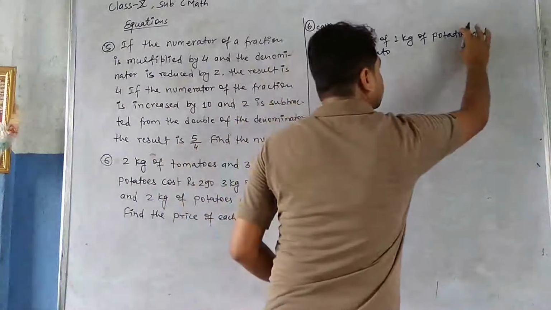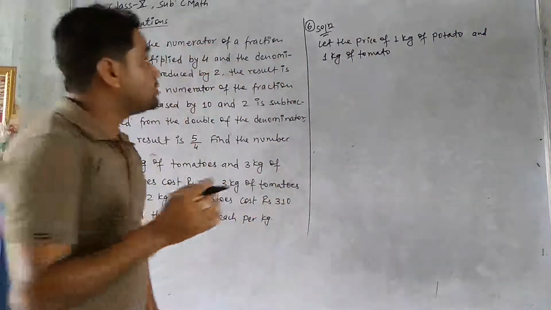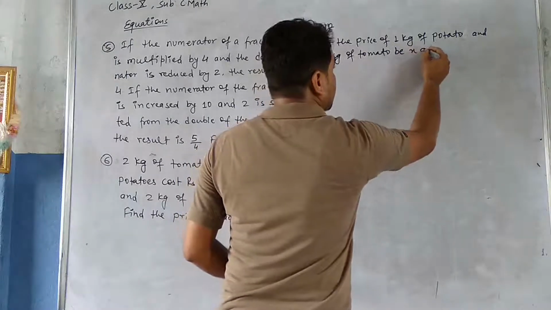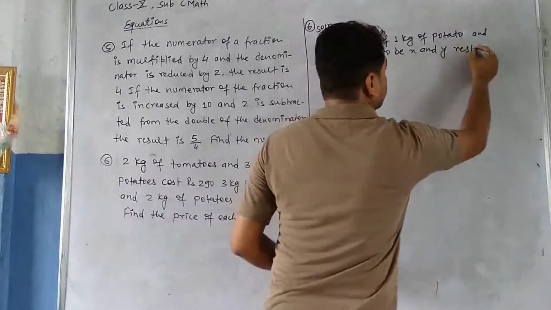Yes, sorry. Yes, 1 kg of the potato and 1 kg of the tomato be x and y respectively.